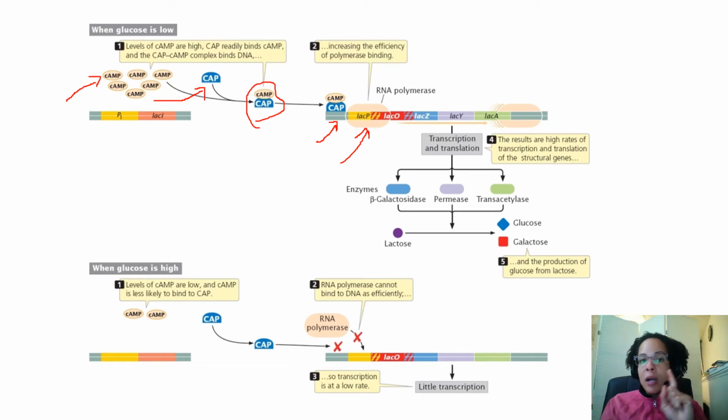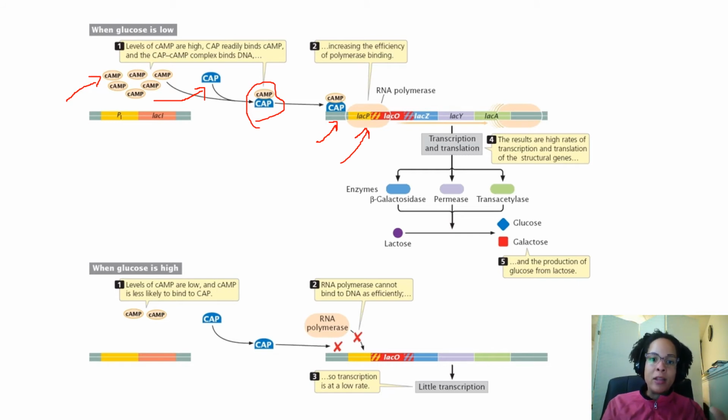Now, kind of like what you said, when specific types of sugar like the lactose or the xylitol or the arabinose or what have you, when that diffuses into the cell, it can bind to the repressor and change the repressor shape so that the repressor no longer binds the operator.